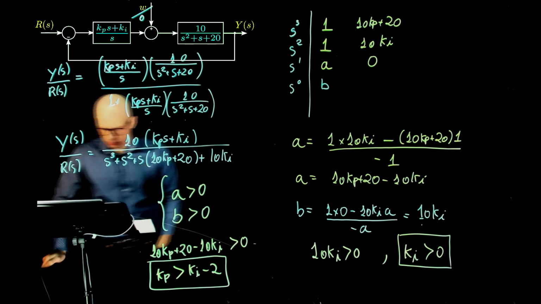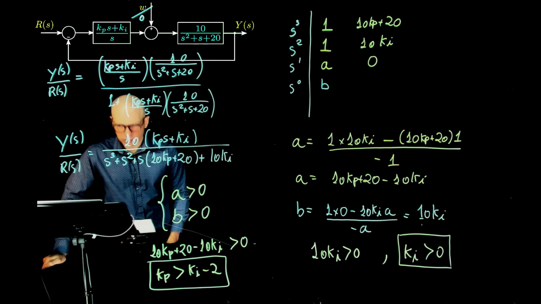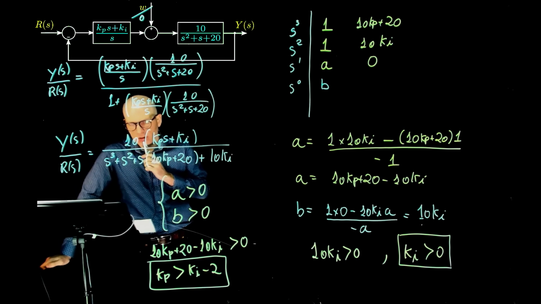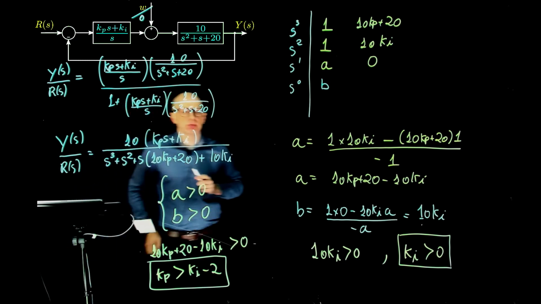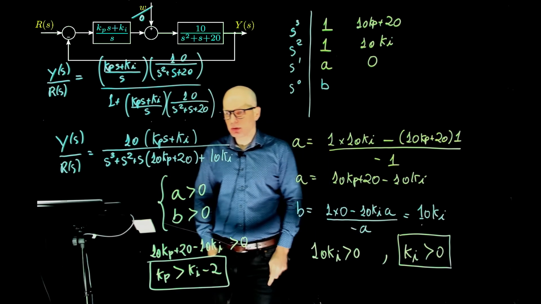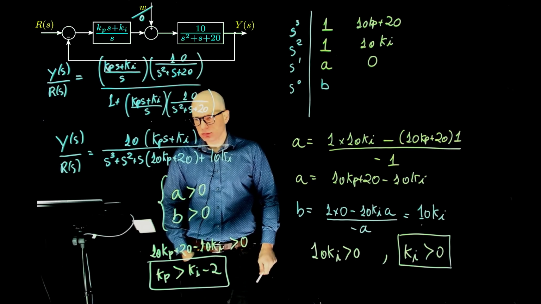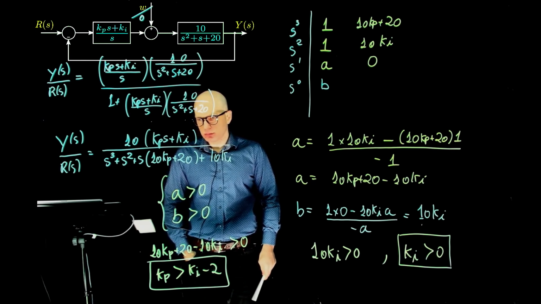Professor, so if the question is asking for the unstable states, we just assume one of them smaller than 0. If ki is smaller than 0, what would happen? I mean, we just assume A smaller than 0 or B smaller than 0, then we can have the condition of the ki and kp.